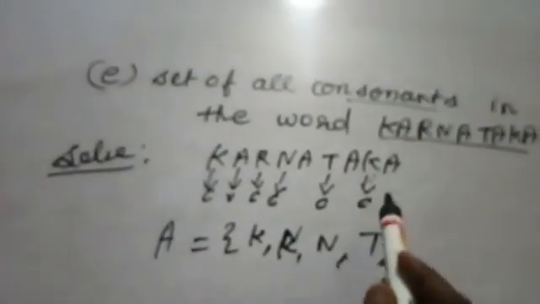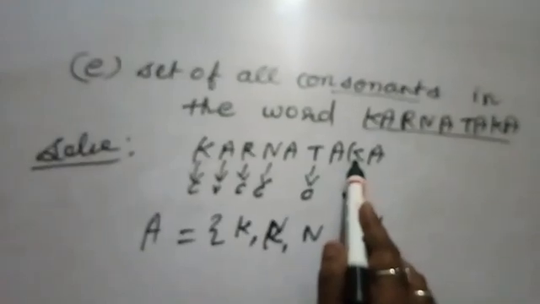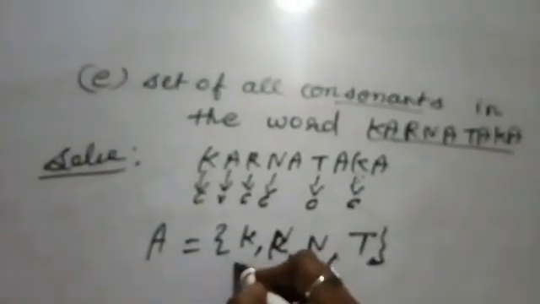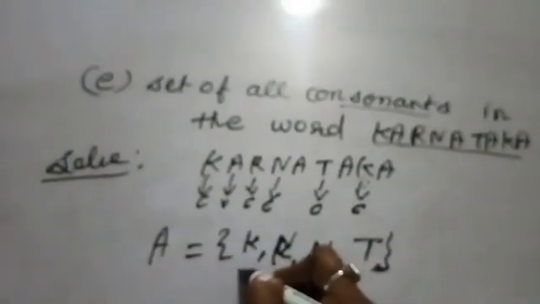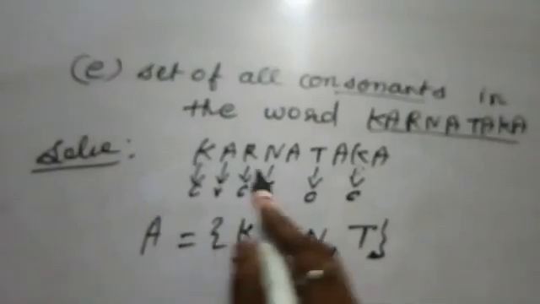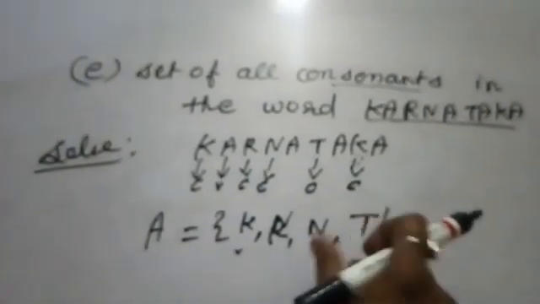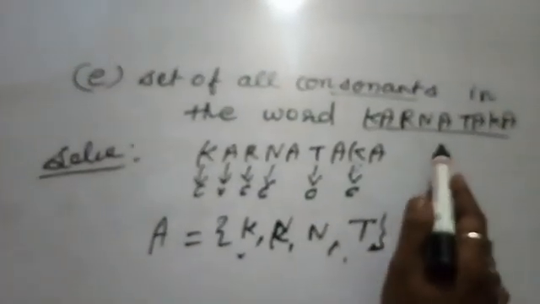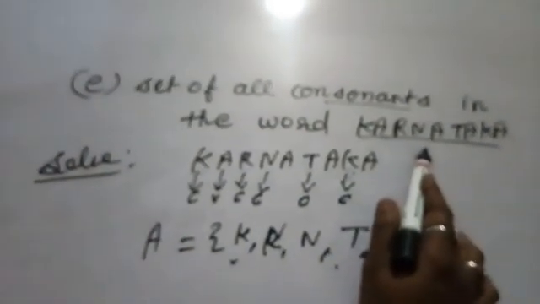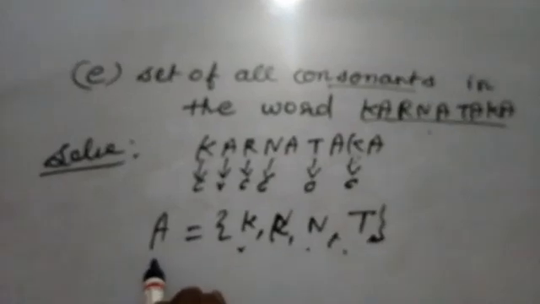If any element is repeated, we write it only one time. K is already written. So there are 4 consonants in the word Karnataka: K, R, N and T. These are the elements of set A.